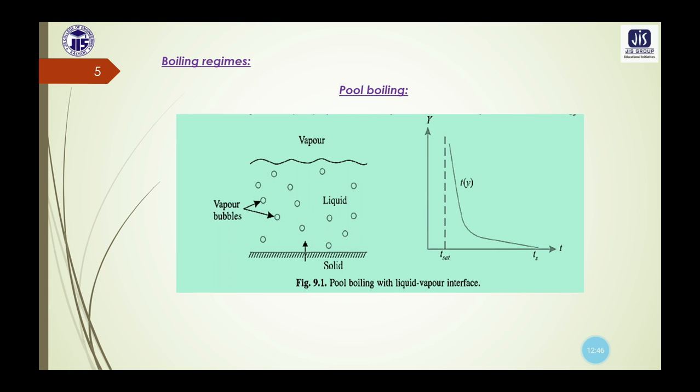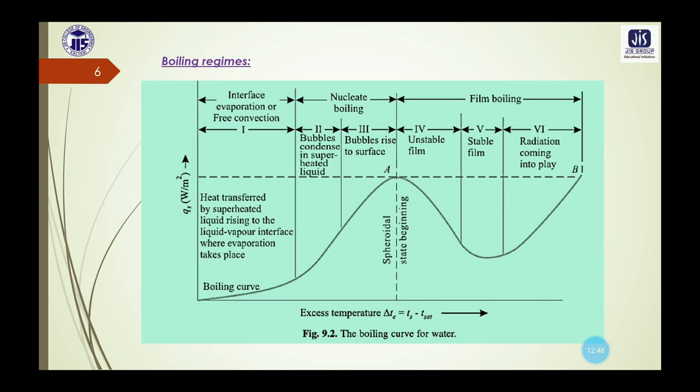You can see in this diagram the boiling curve for water. This specific boiling curve for water has been obtained from an electrically heated platinum wire submerged in a pool of water at saturation temperature, by varying its surface temperature and measuring the surface heat flux.